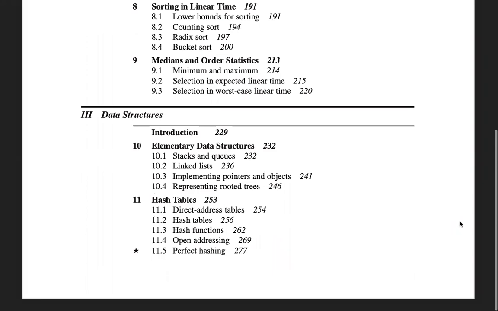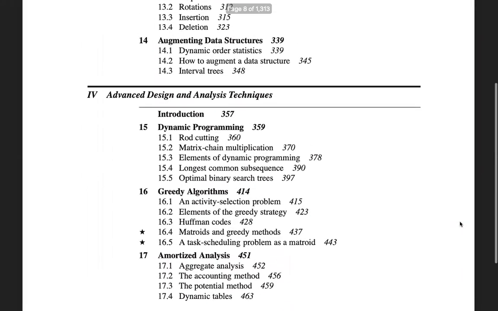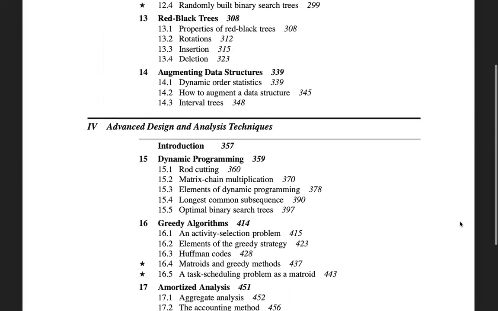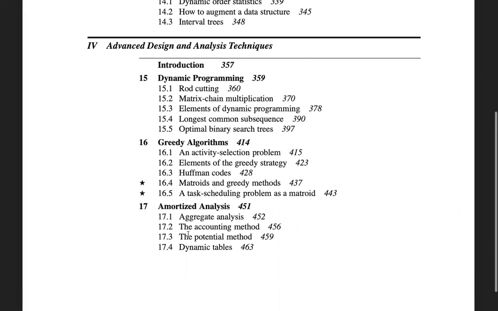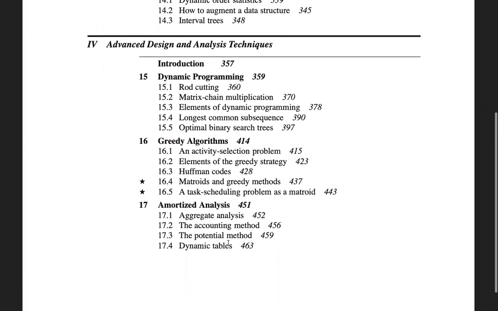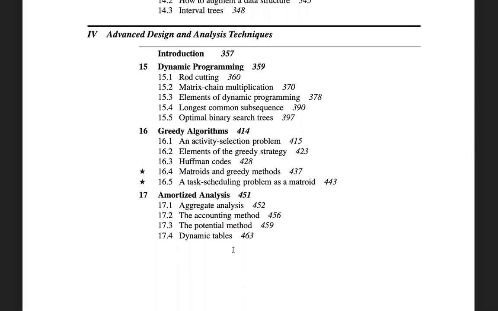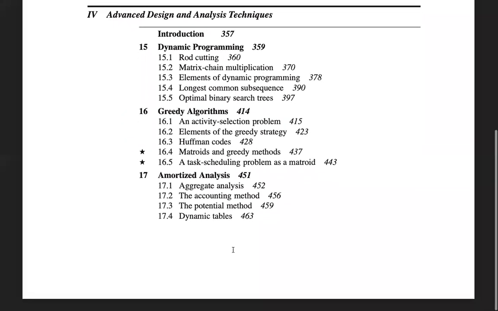We have not done data structures at all. We have done dynamic programming. We have gone through greedy algorithms, if not all, then some of the problems. We have not done amortized analysis; that is something I might start if I have time.